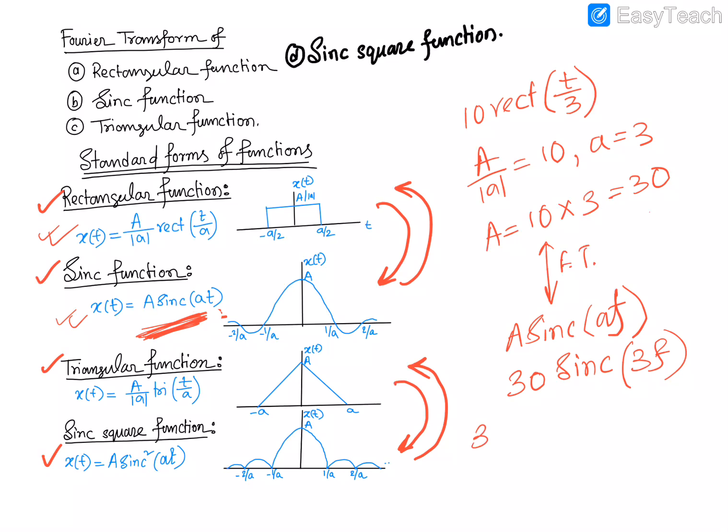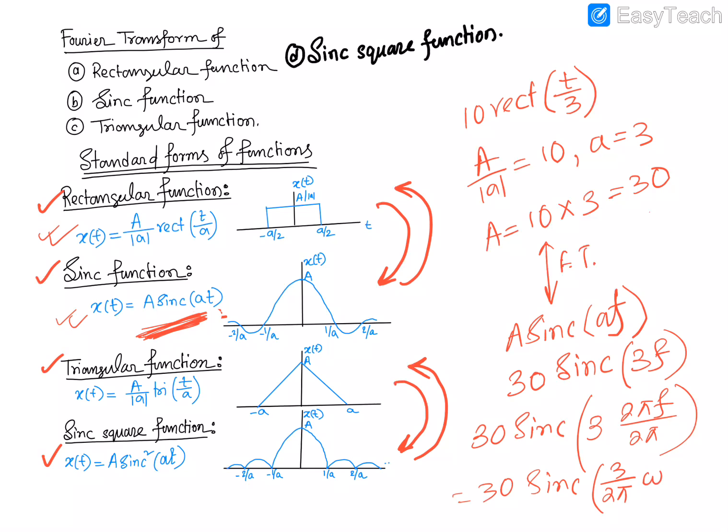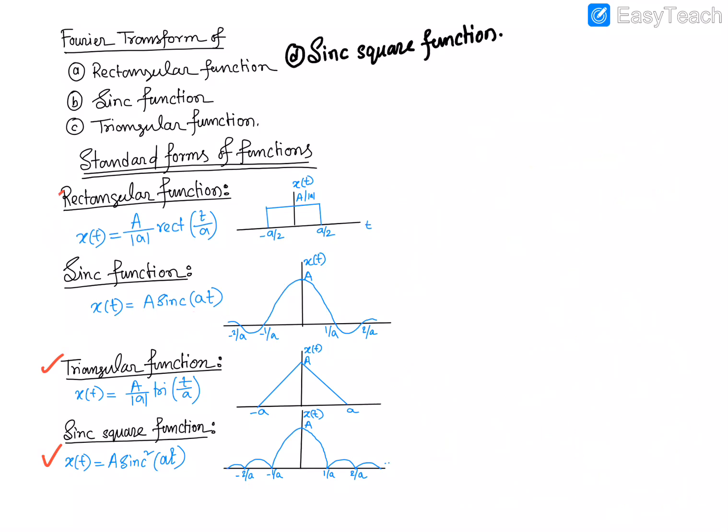Now in omega domain, f is omega by 2 pi, so this will be 30 sinc 3 by 2 pi omega. Okay, so this will be in omega domain.